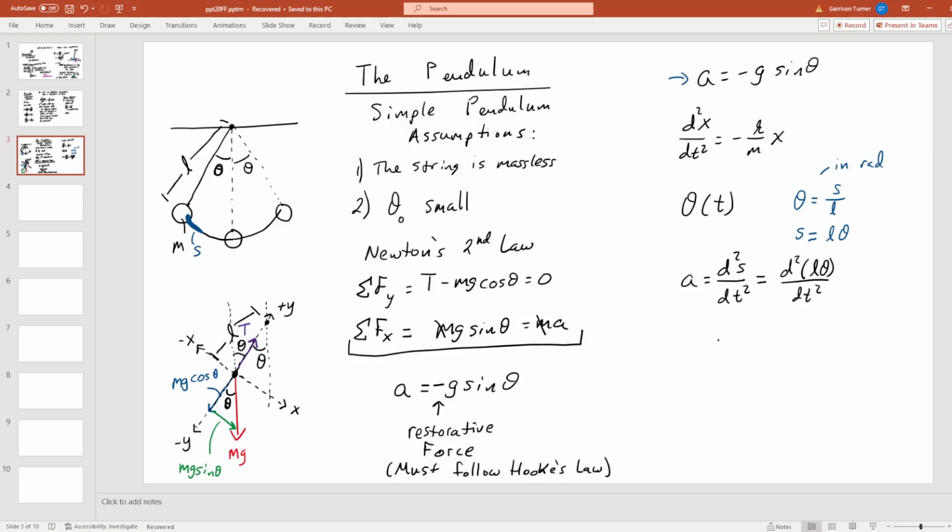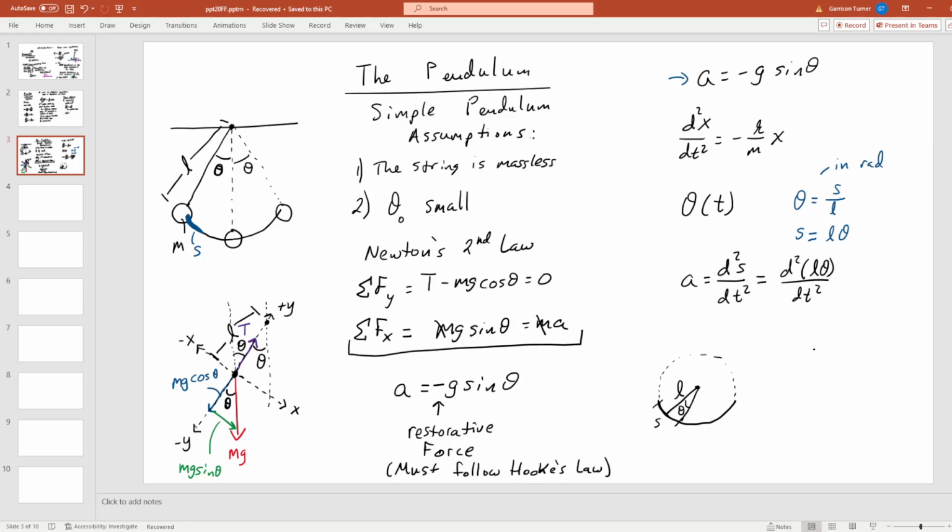So I can think of the path of my pendulum as being part of this circle with the support right in the center. And therefore, L will act as the radius of this circle, and S will be the arc length, and theta is the angle that it subtends. Okay?